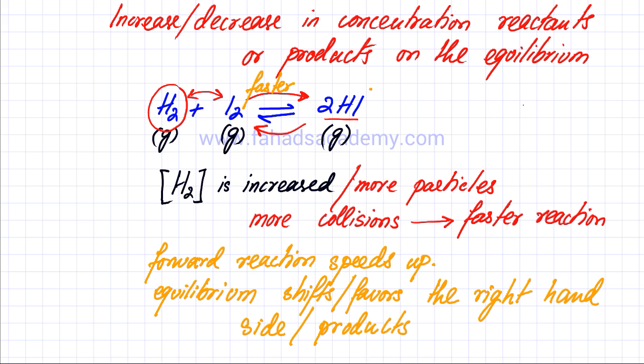So more HI is going to be formed because the forward reaction is faster.